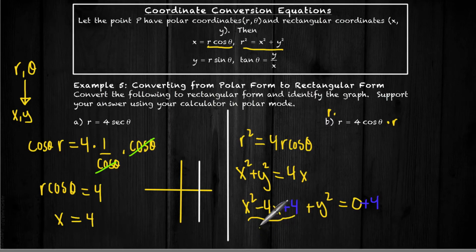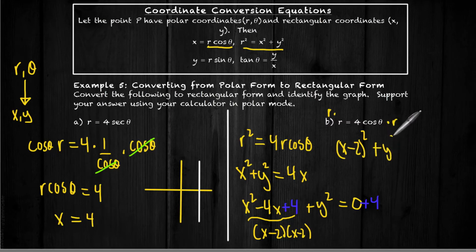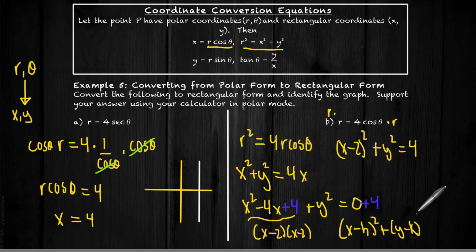And so that's going to factor into x minus 2 times x minus 2, which I can write as x minus 2 squared. And this is y squared. And this is just 4. And then we remember maybe from another video that the formula for a circle, let's write it down here, is x minus h squared plus y minus k squared equals r squared.